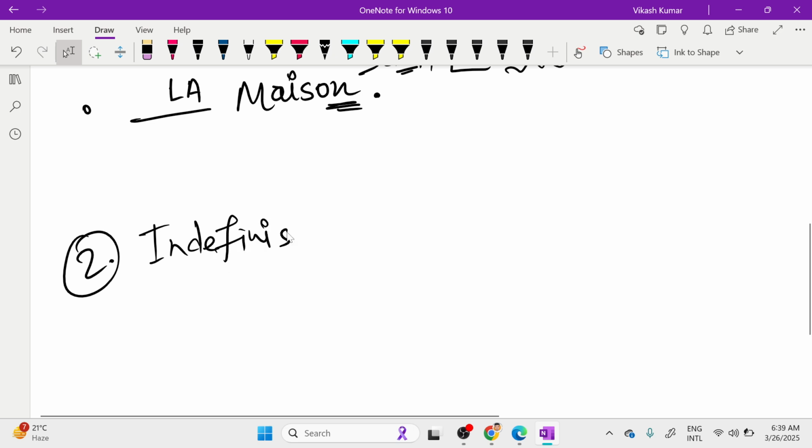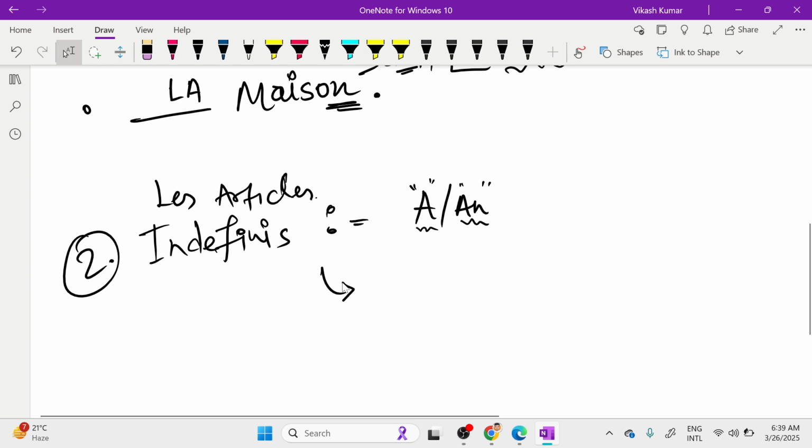We need them for clarity when we are talking in general senses. What we say in English is a and an: an for vowel-based nouns, and a for consonant-based sounds.